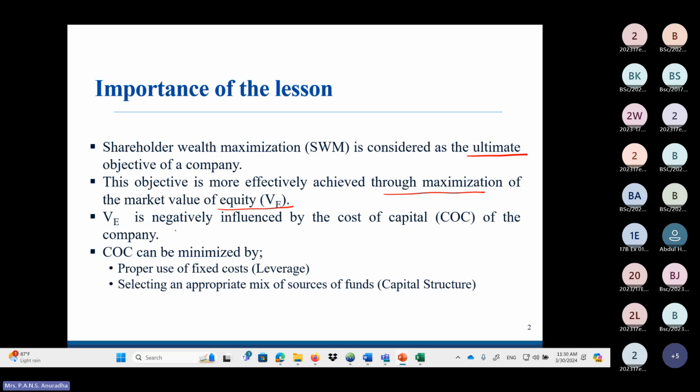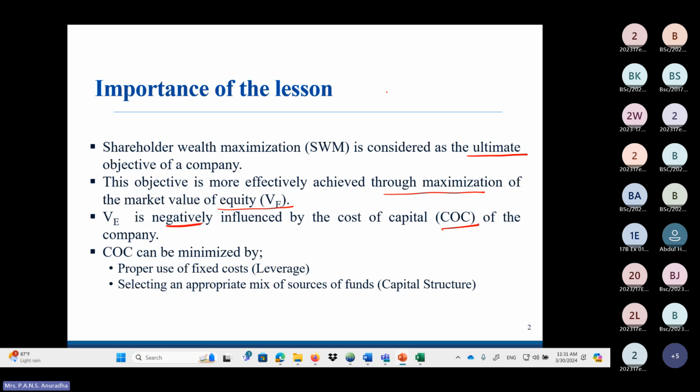Now when you calculate the value, you can remember in security valuation we calculate the intrinsic value. When you calculate the value, the cost of capital, or minimum required rate of return, or discount factor, which we learned now, influences the value negatively.